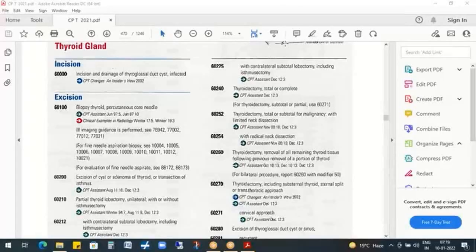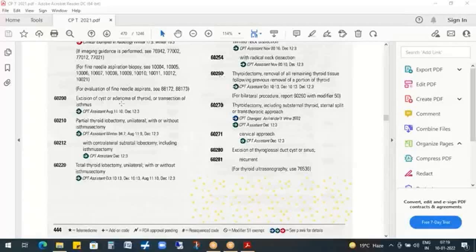60240, both the lobes they are removed. Now try to read the code descriptions.